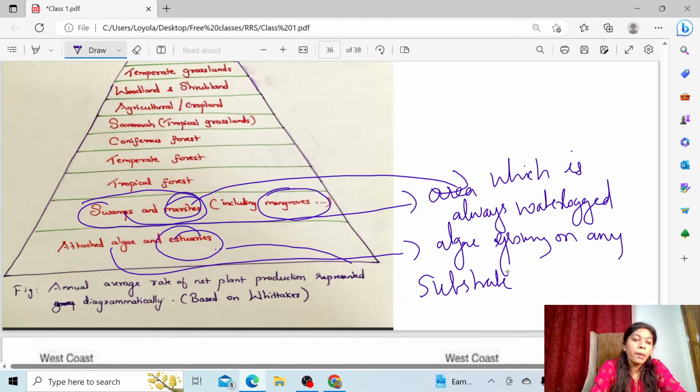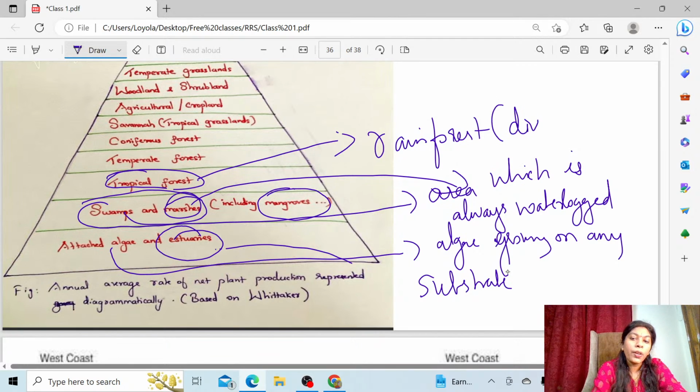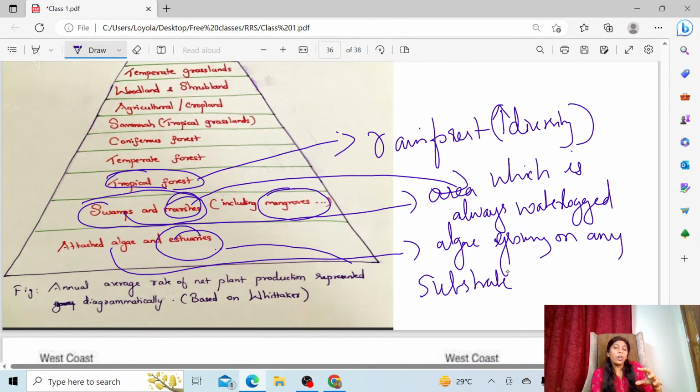Then comes tropical forest. Tropical forest, you can see, is again highly productive. The rainforest. Why? Because you will have diversity of organisms inside the rainforest, rich in organisms. So they are highly productive. Big gigantic trees are there. Trees provide food, fruits, and support other small organisms which are dependent on them.